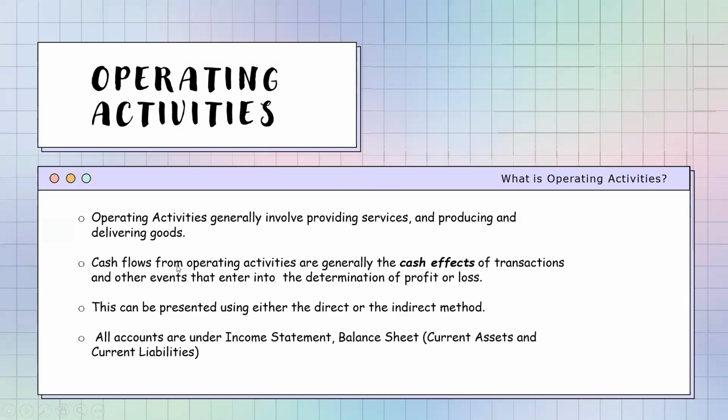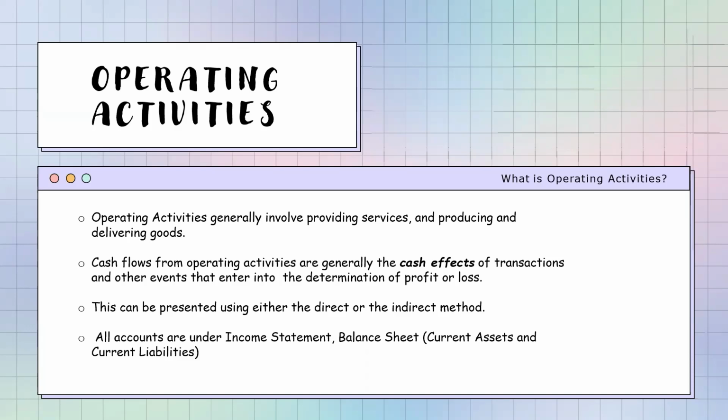So, dito naman tayo sa second bullet. So, sabi dito, cash flows from operating activities are generally the cash effects of transactions and other events that enter into the determination of profit or loss. So, yung cash flows from operating activities, ito daw yung may effects sa profit or loss ng isang company. So, this can be presented using either the direct or indirect method.